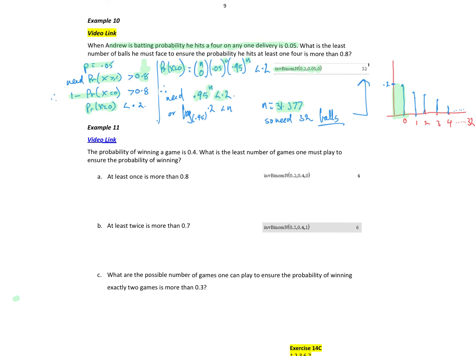So what's that telling me? It's trying to find the number of trials that I need so that the probability of 0 successes with a probability outcome of 0.05 is equal to 0.2. And that tells me 32 trials. So if I have 32 trials, the probability of getting no successes, if the probability of success is 0.05, is equal to 0.2.